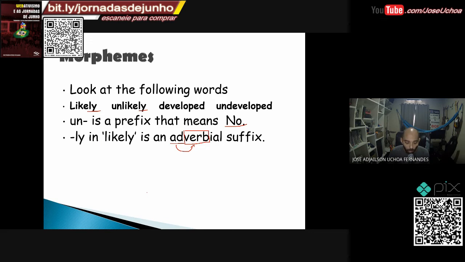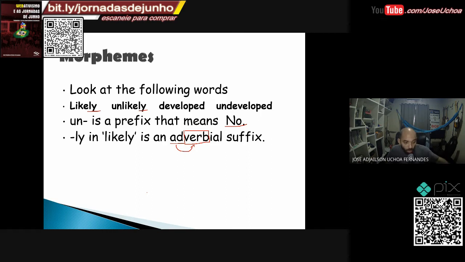And you probably know other words that end in ly, don't you? Patiently. What does patiently mean? They patiently attended to the lecture. They attended to the lecture in a patient way or with a lot of patience.